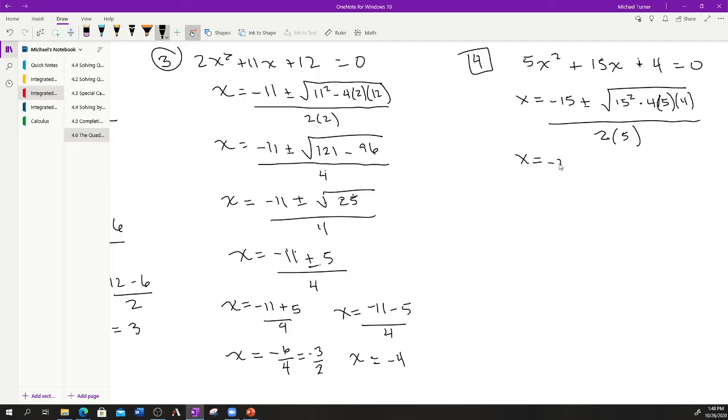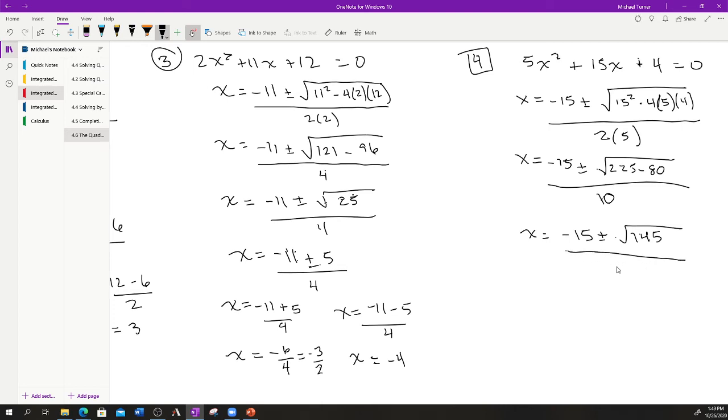So 15 squared, that's going to give me 225. And then 4 times 5 times 4 gives me 80. And that's all over 2 times 5. From here, 225 minus 80, all over 10.